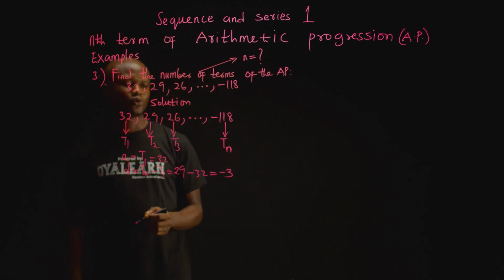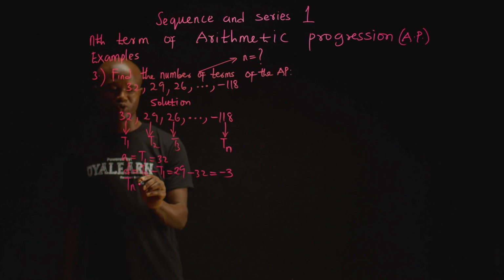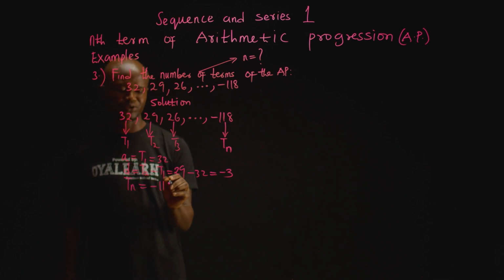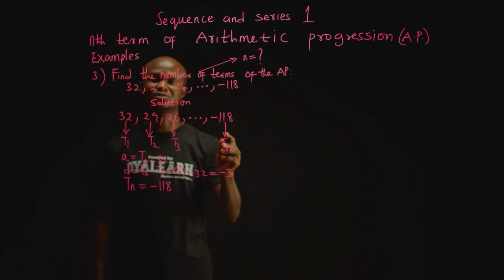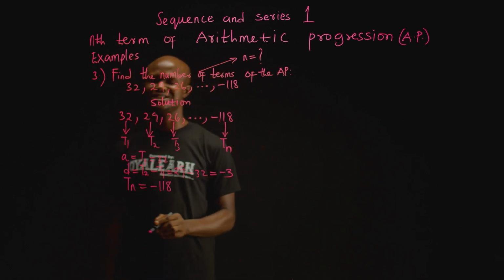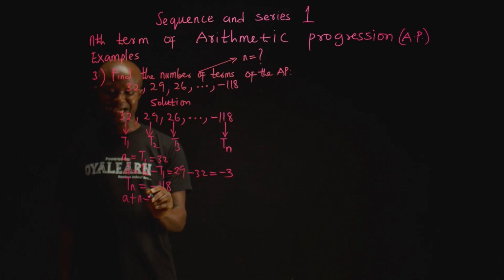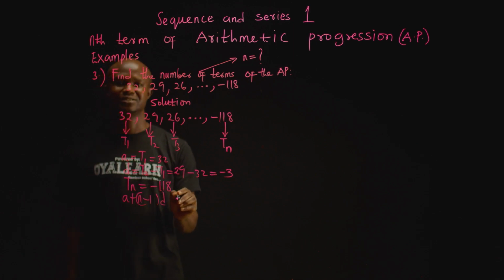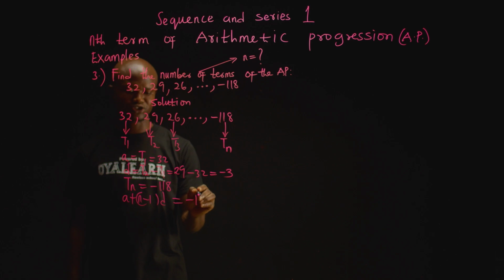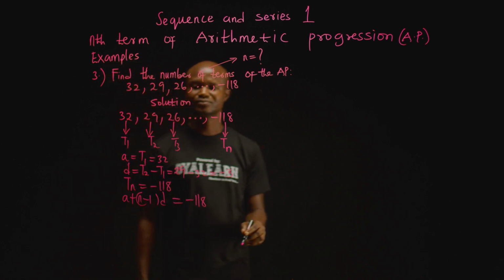Now, we have our Tn equal to minus 118 from the question. What is the formula for Tn? Tn is A plus (n minus 1)d, equal to minus 118.